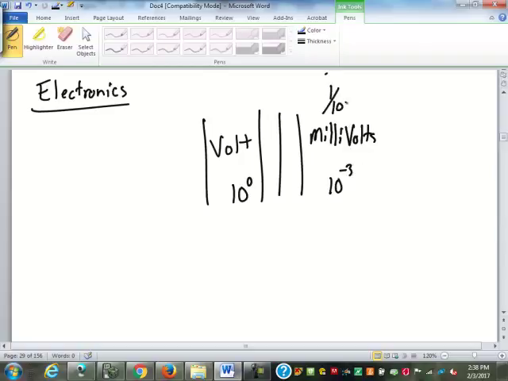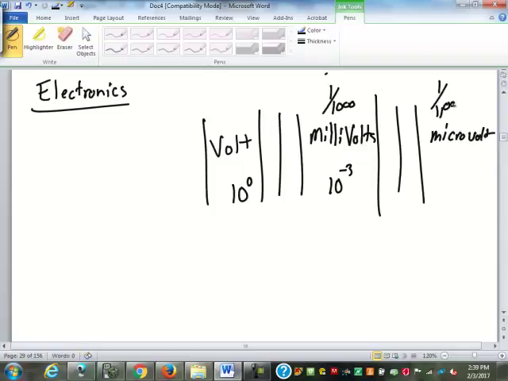It's 1/1000th. If we kept going, we'd get to microvolt. Micro is 1 millionth, or 10 to the negative 6. We can keep going to nano, which would be 10 to the negative ninth, and pico, and femto, and so on.